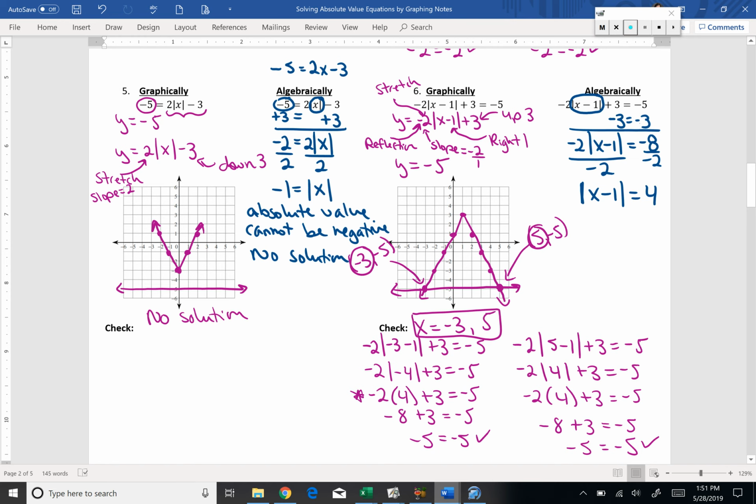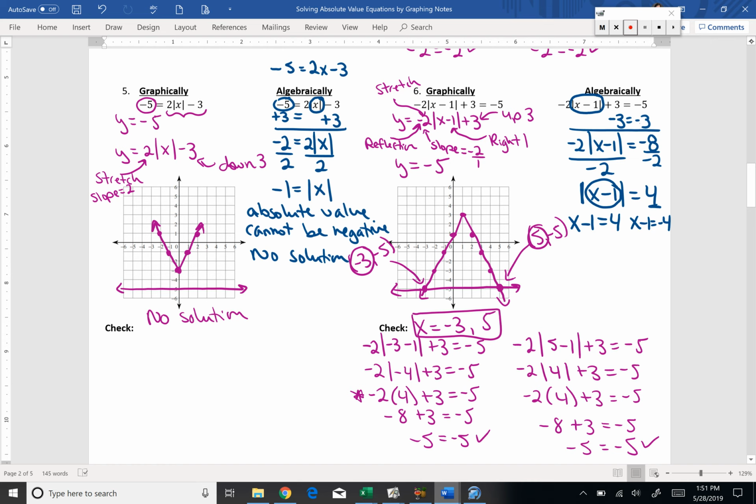For this particular one, we're interested in the number 4. So I take exactly what's inside of the bars. If that equals +4, we're in good shape. If what's inside of the bars equals -4, we're also in good shape. 4 and -4 have the same absolute value.